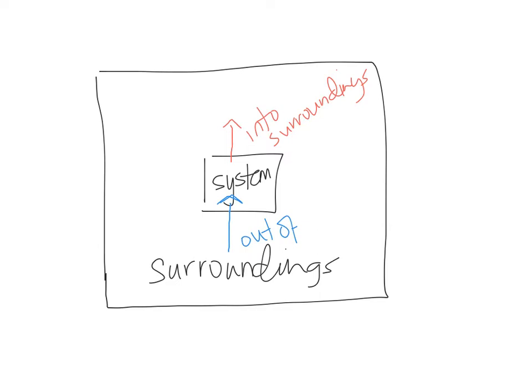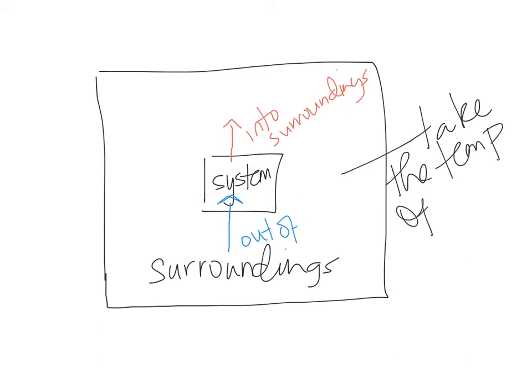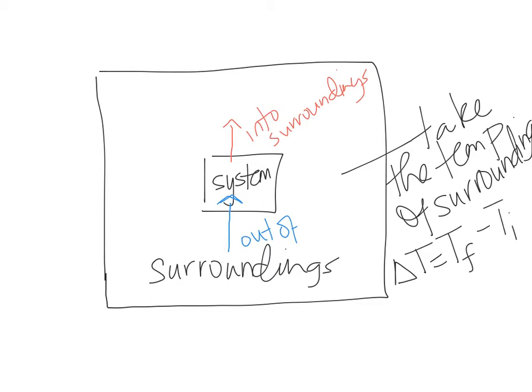So if we measure the temperature change in the surroundings, we'll know whether or not the system absorbed or released energy. So we're going to take the temperature of the surroundings. We're going to look at delta T, which is the final temperature minus the initial temperature.